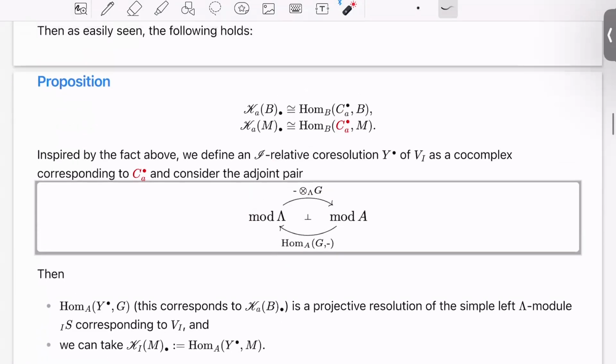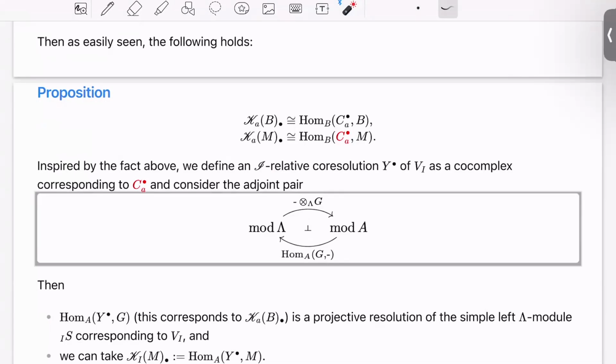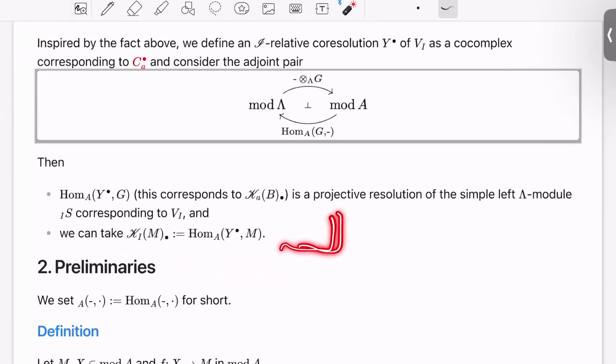And then we define this one. After defining this, taking the G-dual of Y down should correspond to this one, a projective resolution of the left Lambda-module as before. Then we guess that Hom(Y up, M), this one, will give us the desired complex. Okay, so this is the plan, how to solve it.